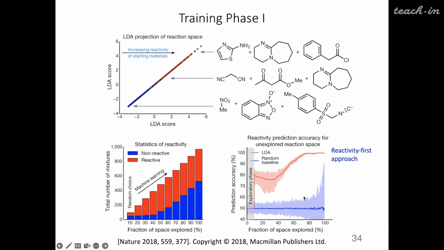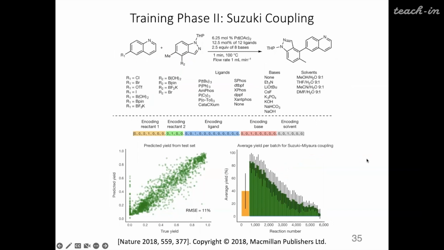Comparing to a random exploration, on the second phase, the authors used the reaction space of the Suzuki coupling, and they combined different heteroaryl halides with different organoboron compounds to get a coupling product. Again, they encoded reaction mixtures as vectors.